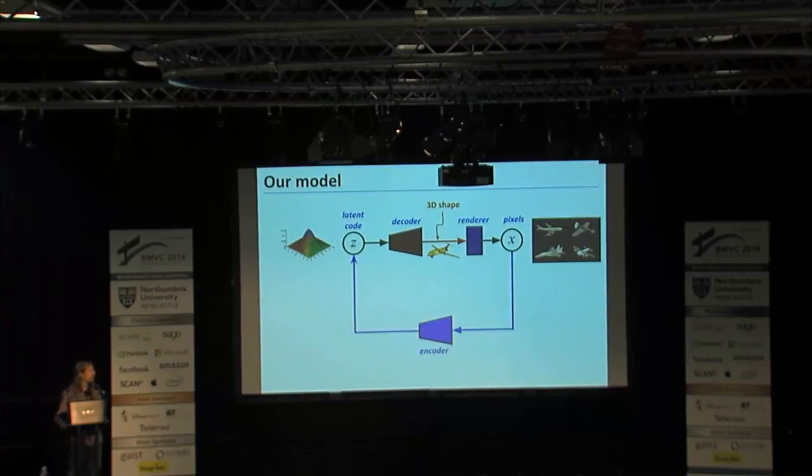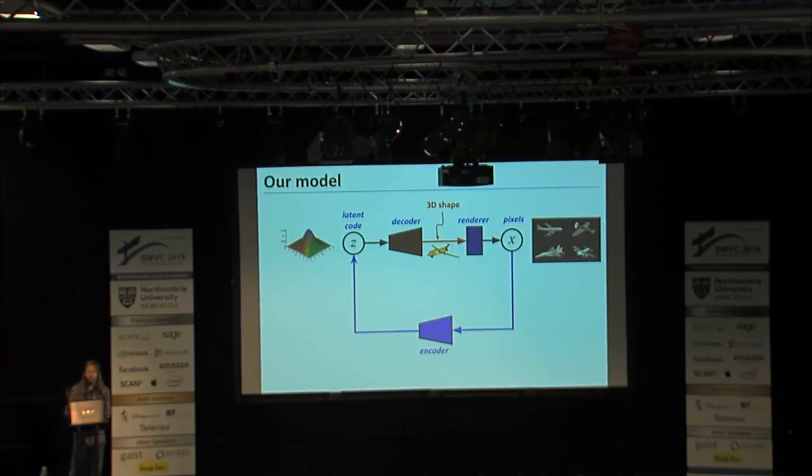Now, that's a nice generative model over pixels, but we want to deal with the 3D case. So what we do in this work is we augment the decoder with an explicit representation of 3D shape. So we still sample a latent code from a Gaussian distribution and pass that through a neural network. But now that neural network produces a 3D shape instead of an image directly.